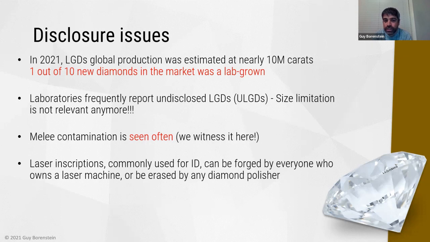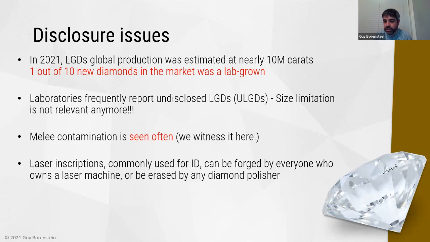Now, also we are seeing during the past 2 years frequent reports about new sizes for stones. So size limitation is not relevant anymore. You cannot say, okay, this is a 4-carat stone, it cannot be lab-grown. HPHT grown diamond has already achieved more than 150 carat rough.